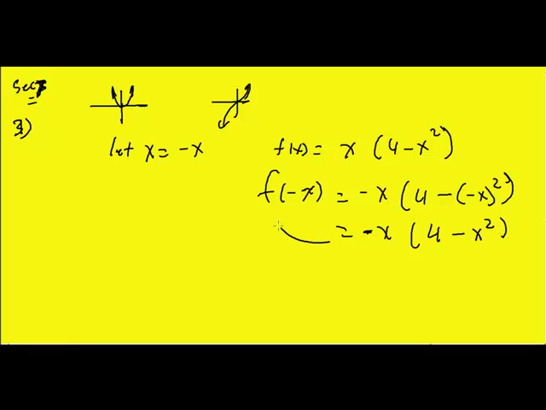Is this exactly the same as that right there? No. So it's not even. So it's not symmetric to the y-axis. Is it exactly the opposite of what it originally was? Yes. So it's symmetric to the origin. It's an odd function. Odd functions are symmetric to the origin, and even functions are symmetric to the y-axis.